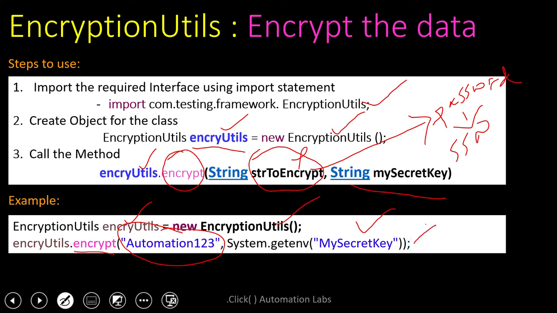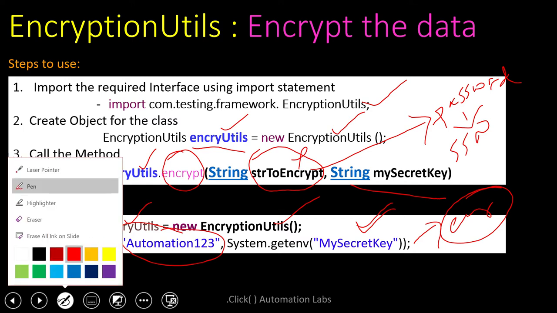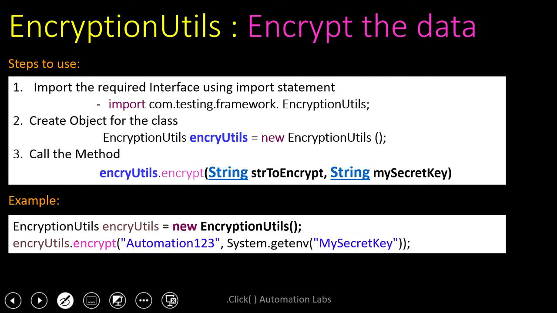This method will return one encrypted string, which can be used in your automation test script. To decrypt this, you must have my secret key. Unless you have the secret key, no one can decrypt and read that password or sensitive data. This is the benefit of having the encryption facility.